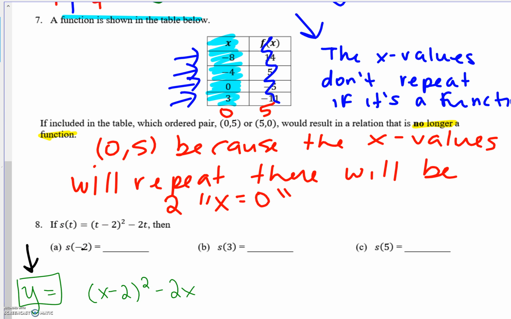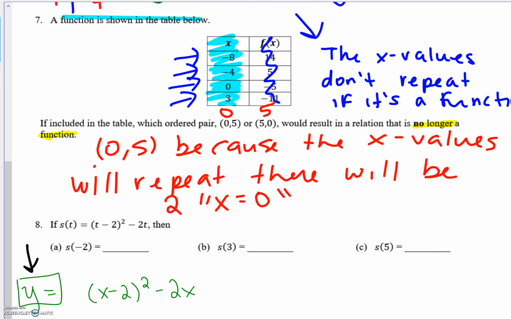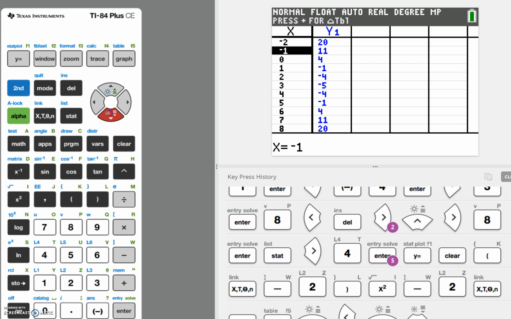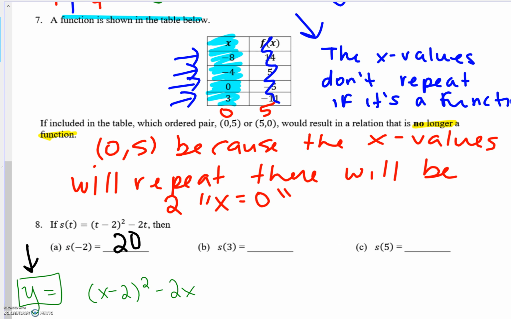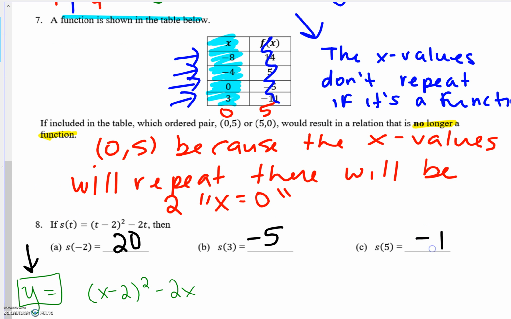Remember, this means when x equals negative 2, so we're going to scroll up to x equals negative 2. Our y value is 20. So the point (-2, 20) would lie on that graph. When s is 3, my y value is negative 5. When s is 5, my y value is negative 1.